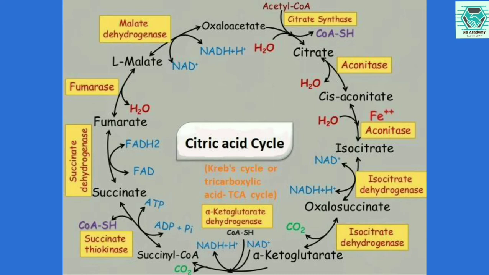Step 10 is the conversion of malate to oxaloacetate. Malate is then oxidized to oxaloacetate by enzyme malate dehydrogenase. The third and final synthesis of NADH occurs at this stage.